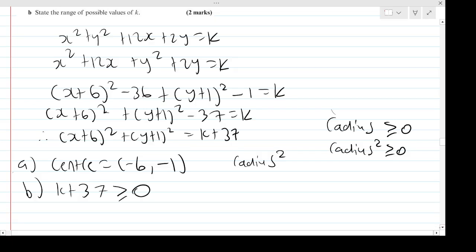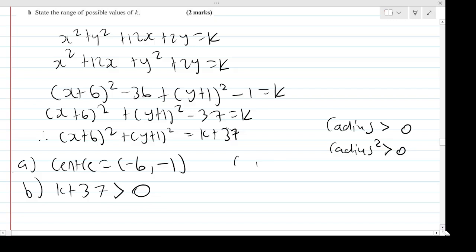Well, actually no, it has to be above 0, because if it was equal to 0, the radius would be 0, and that means you wouldn't have a circle. So the radius has to be positive in order for it to actually be a sensible circle. So it has to be greater than 0, and the radius squared will therefore be positive as well.